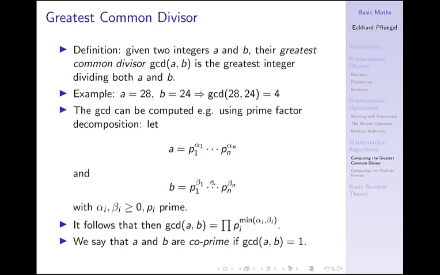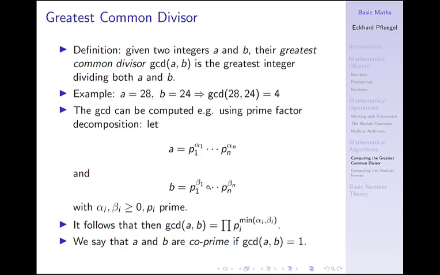So it could be that some of those exponents are actually 0, if by chance a prime p index i that's in that decomposition doesn't actually occur in the other decomposition. Then you just say beta index i equals 0. So basically, try to figure out the exponents alpha i and beta i.